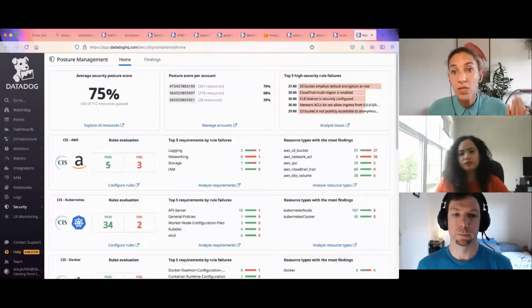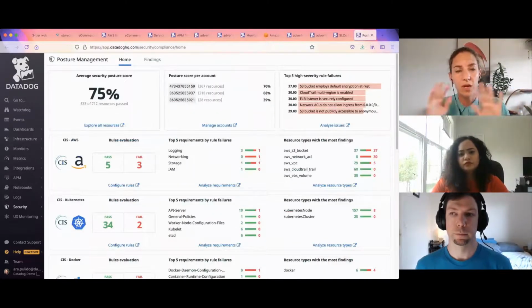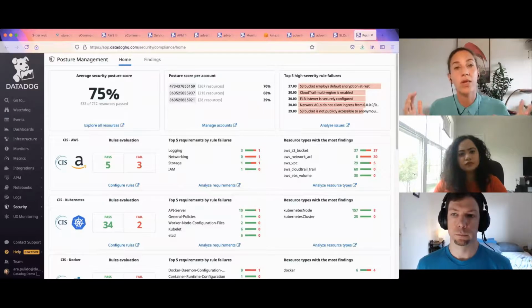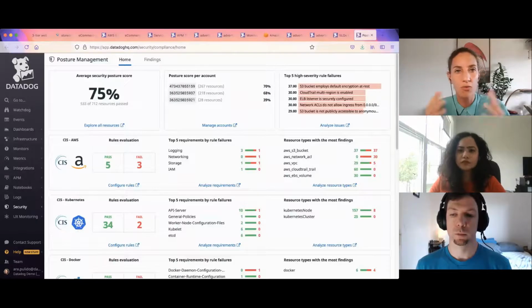Good. So to finish, we wanted to give a little bit of overview of posture management. So Stu has explained very well all the things that you need to take into account when moving to the cloud, particularly for security. So the ways you have to define your configuration, your roles, IAMs, all the different options that you have for your cloud.